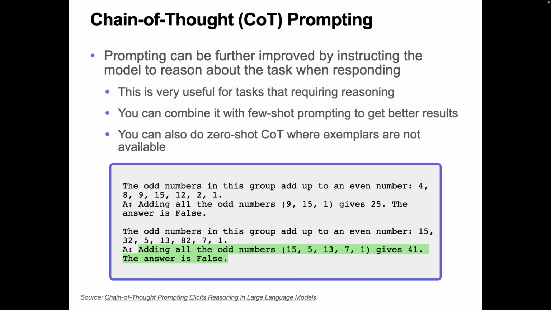For more complex reasoning tasks, an even more popular idea has emerged, this idea of chain of thought prompting. Here you are telling the model step by step how it should reason about this problem and find a solution. In this case, it's not like the previous few-shot where we're just giving it the demonstrations and the answer. We're actually telling it, as part of the answer, the steps that it should follow.